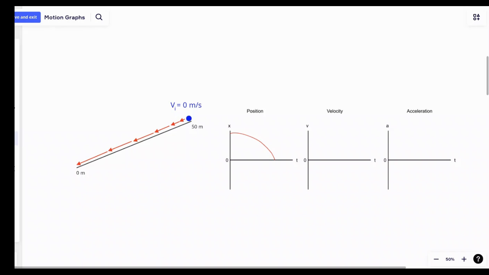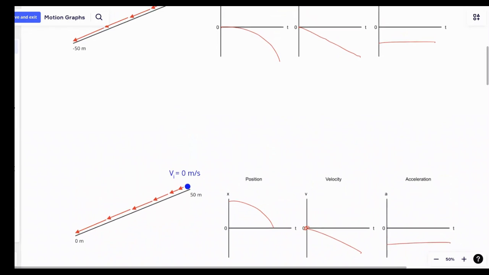so your velocity time graph has to start at 0, but it has to show gaining speed in the negative direction, right? Going backwards. So in this case, same thing like the previous set of graphs with a negative acceleration. The only difference was the starting point for the position, okay?